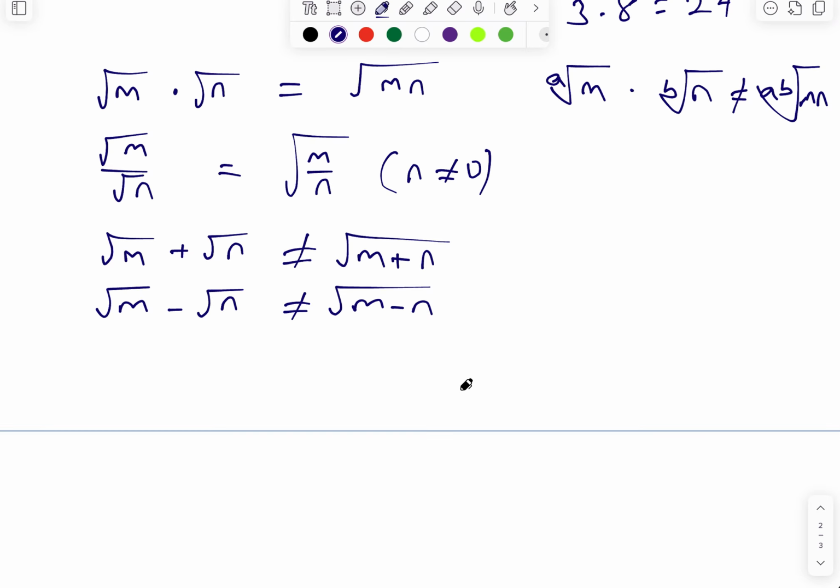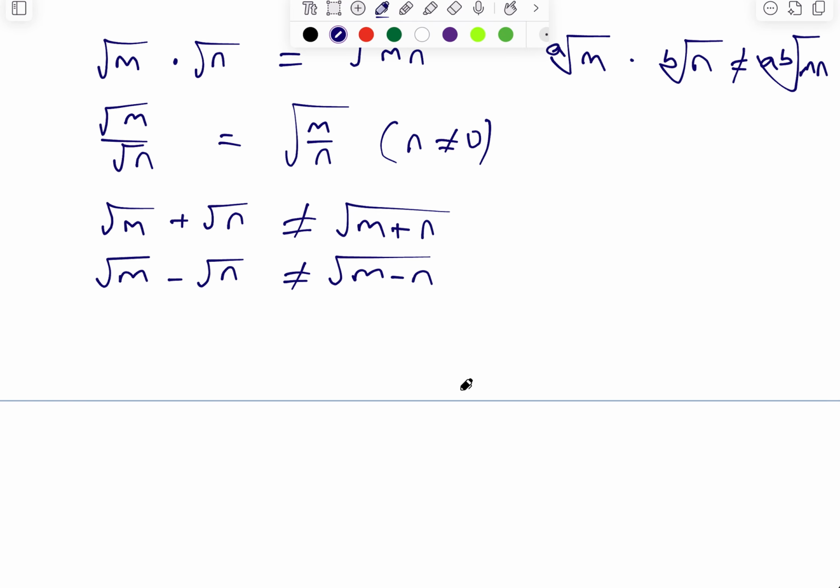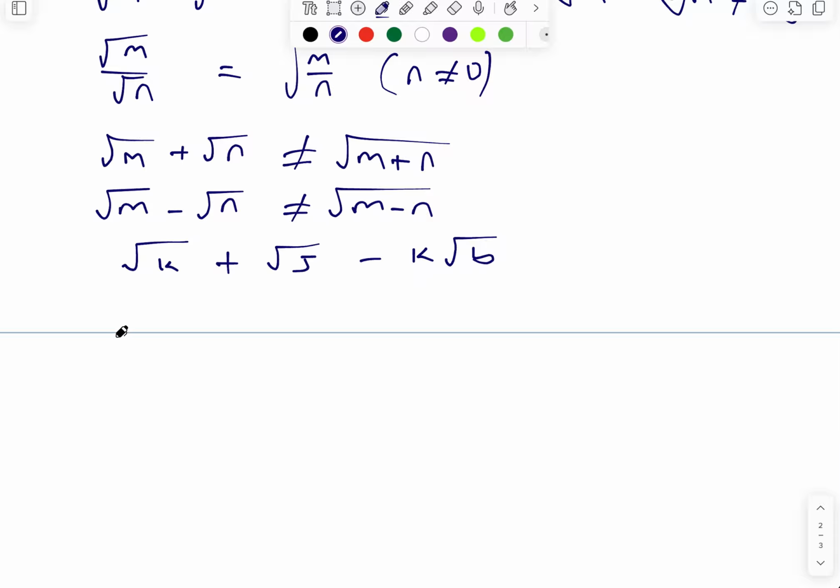Now, we have some other things that we need to cover. When we are doing addition and when we are doing subtraction, when can we write them in this way? So for example, let's say I'm dealing with a problem and I have, let's say, the square root of k plus the square root of j minus the square root of, let's say, b. Now, it's possible for us to write k, j, and b as a product of a perfect square and another number.